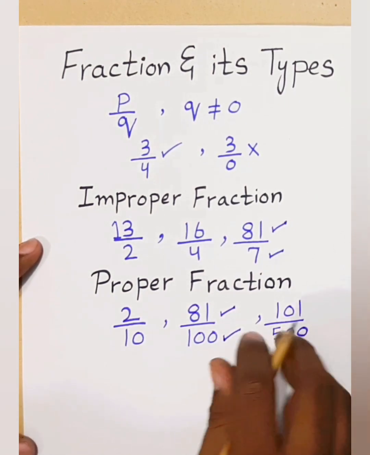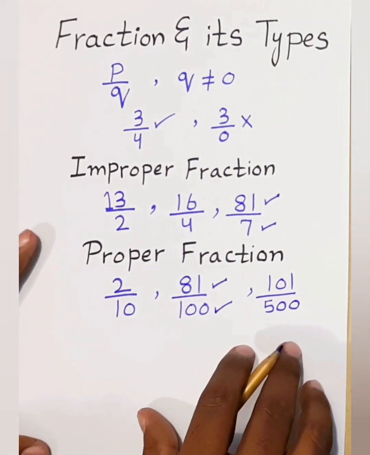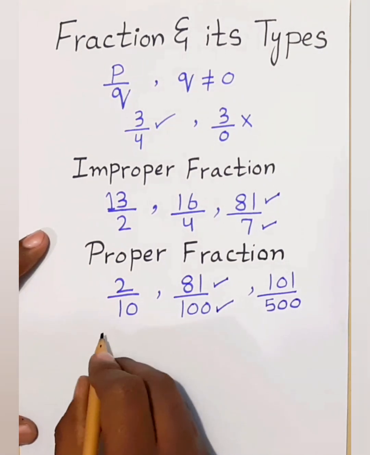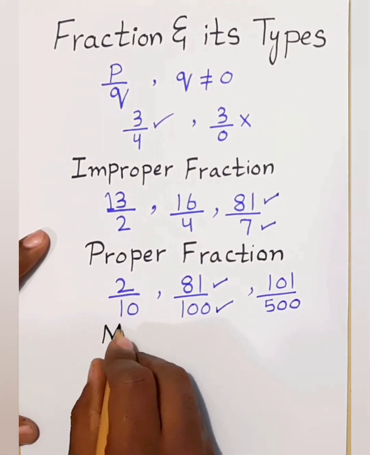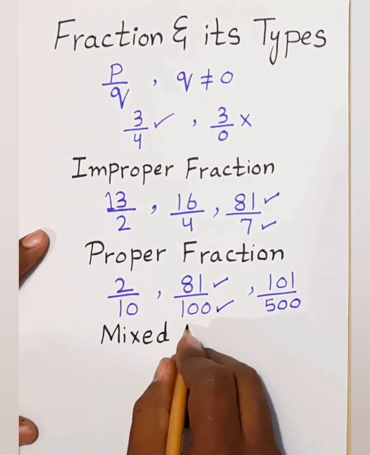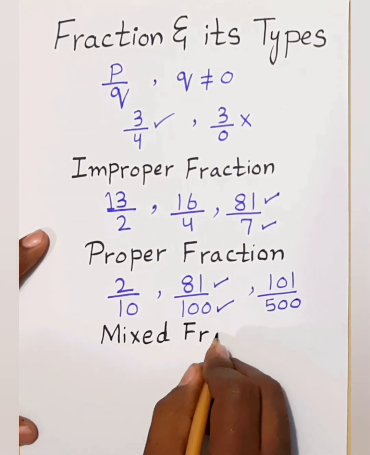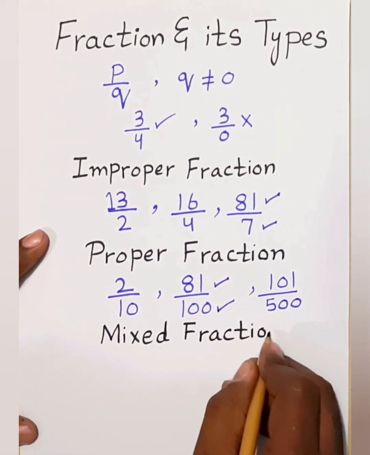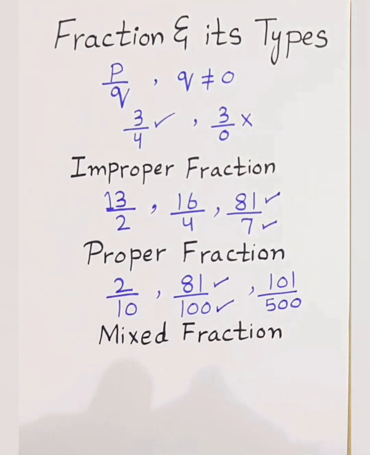Very easy. Now we are moving towards another type of fraction, which is the mixed fraction. Some of the students already know about the mixed fraction, which is not difficult because it's a very easy topic.